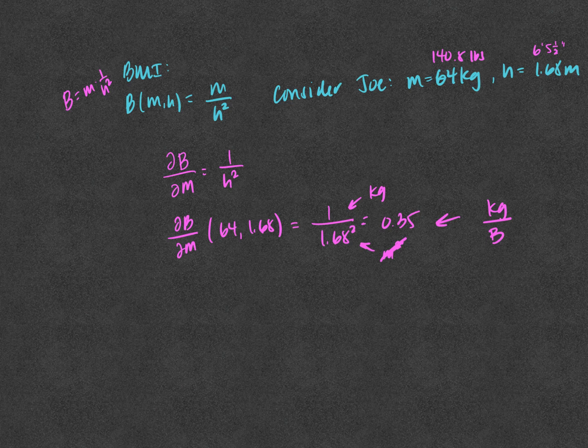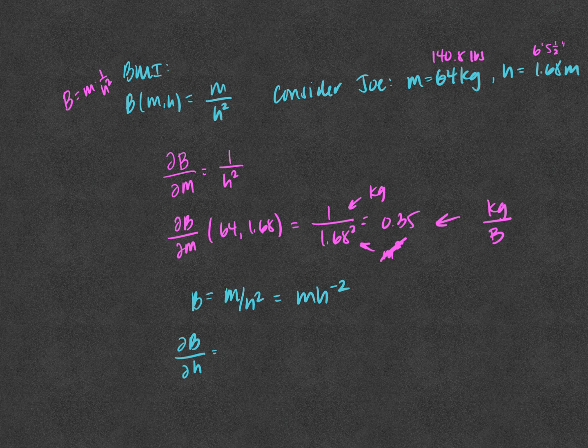Now let's talk about the partial derivative with respect to h. So I'm going to move this just a little bit while I talk to you. And let's define b equals m over h squared. So let's call it m h to the minus 2.